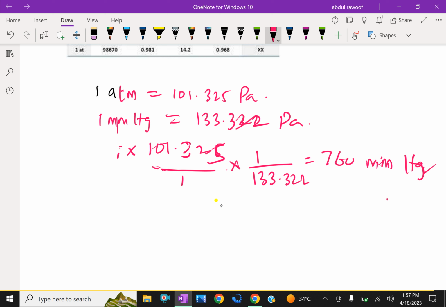That means 1 atmosphere is equal to 760 mm of Hg.